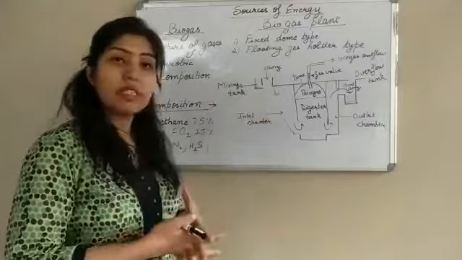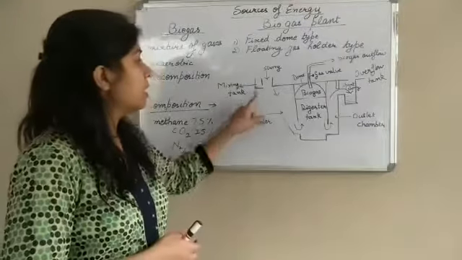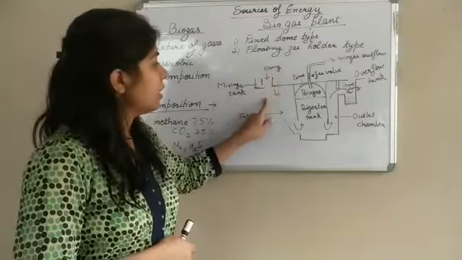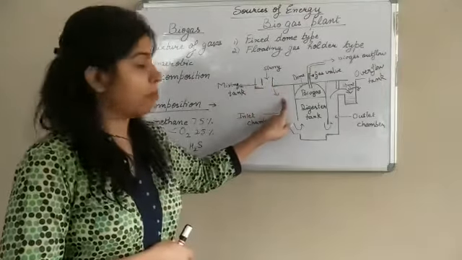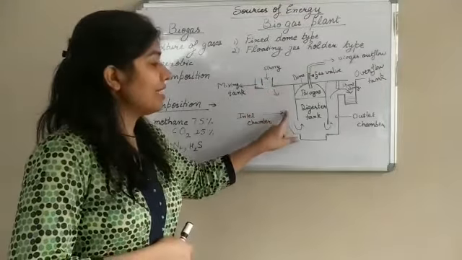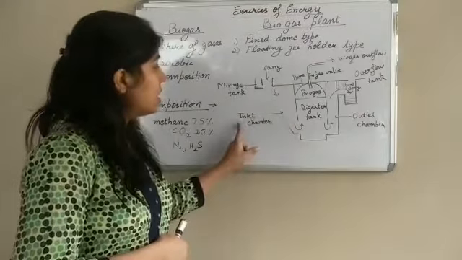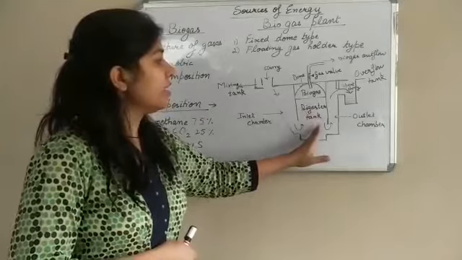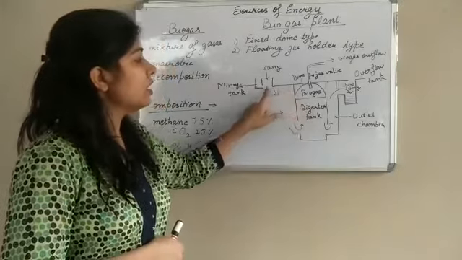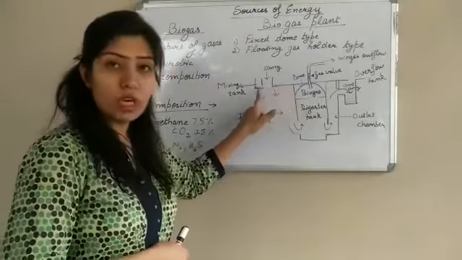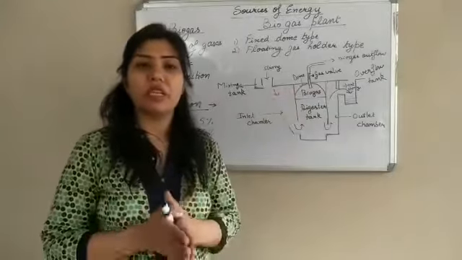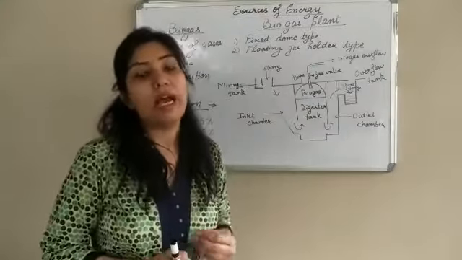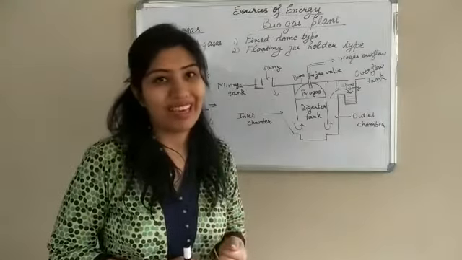This mixing of water and biomass makes a substance which is called slurry. This slurry is put into the inlet chamber. From this inlet chamber, the slurry enters the digester tank. When it enters the digester tank, this wall is closed. Now the bacteria start acting on this biomass and produce biogas.